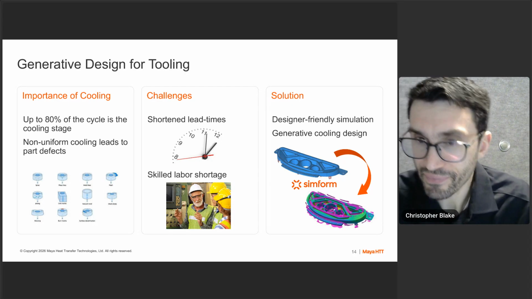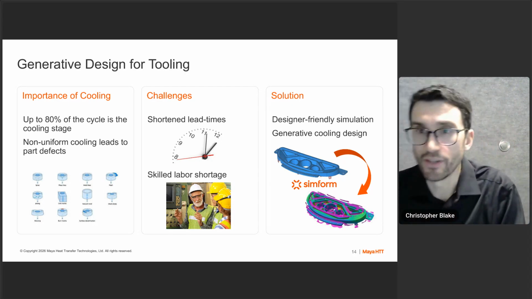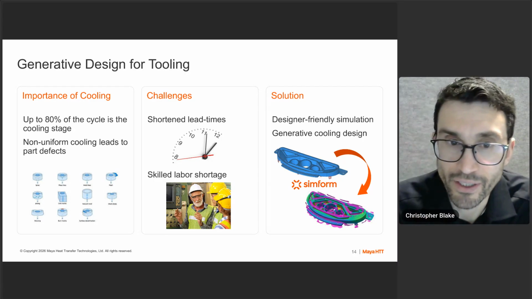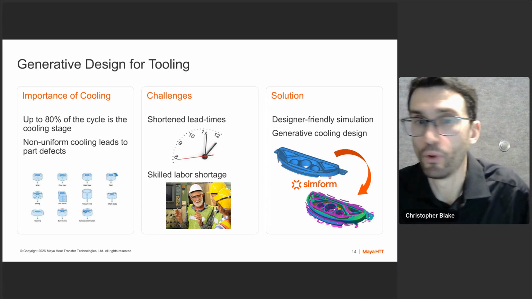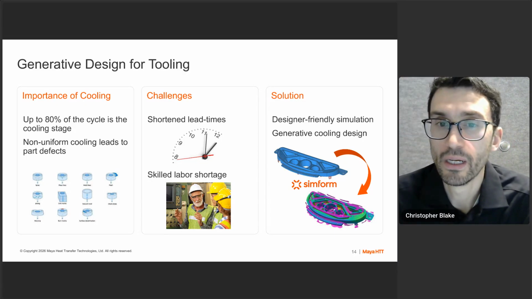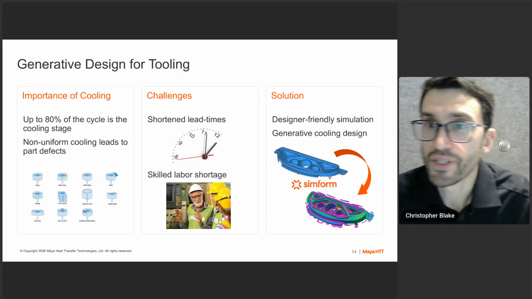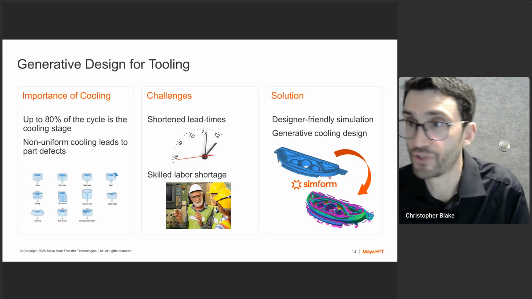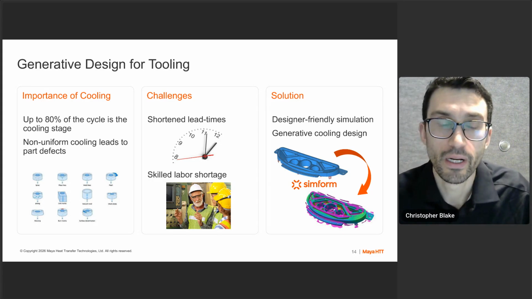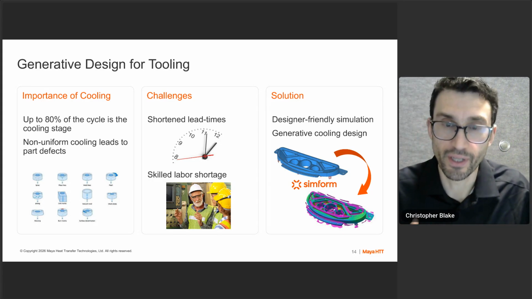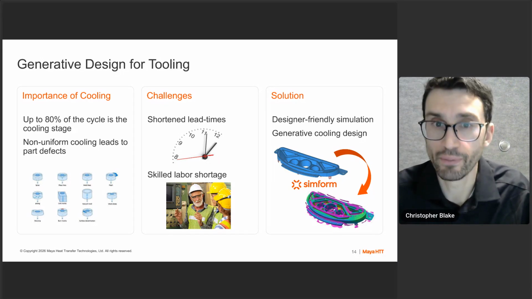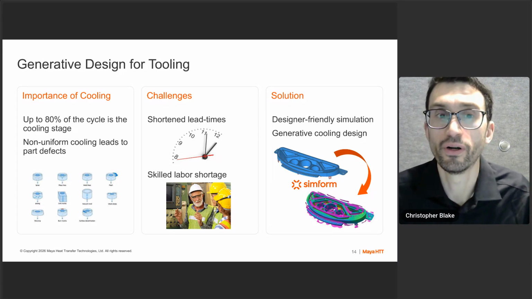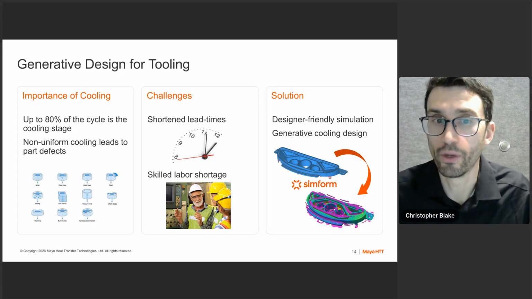Now, alongside that, the industry itself is facing a lot of endemic challenges, being faced by molders and mold makers alike. In order to stay competitive, especially when it comes to competition with offshore suppliers, lead times for design and manufacturing are shortening, and the shortage of skilled labor, like I was mentioning before, is becoming more and more important.